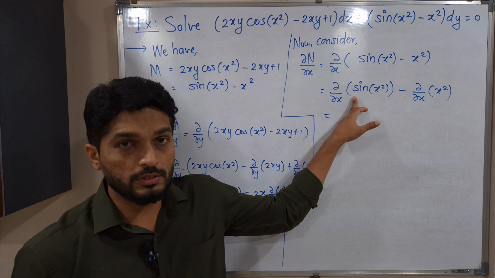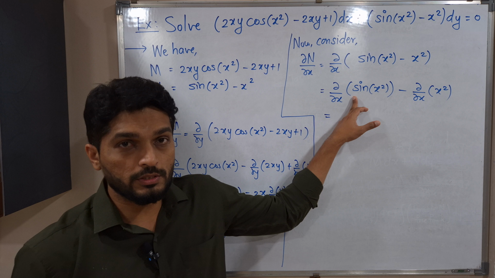What is my N? This is my N, sin x square minus x square. But as you can see, there are two different terms: sin x square is the first term, x square is the second term. Both of them are separated by this minus sign. In case of derivatives, if we have two different terms separated by plus or minus signs, we take separate derivatives.